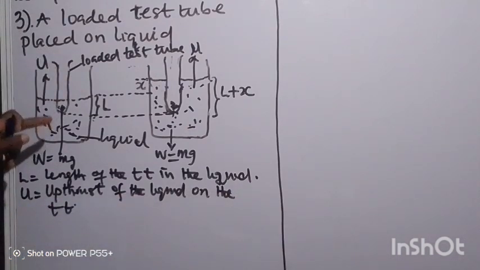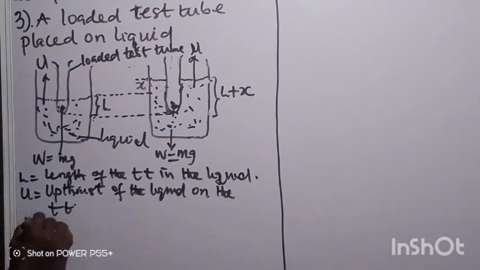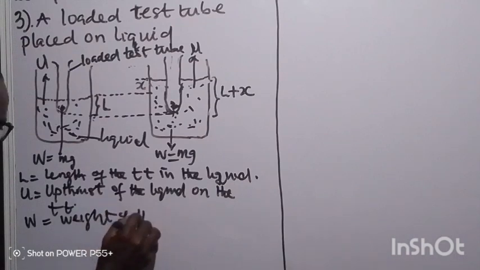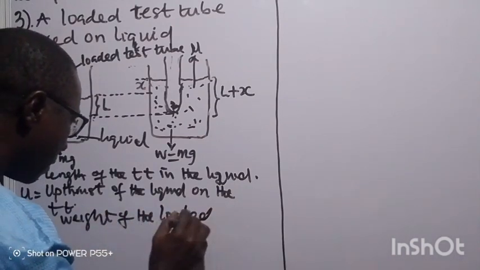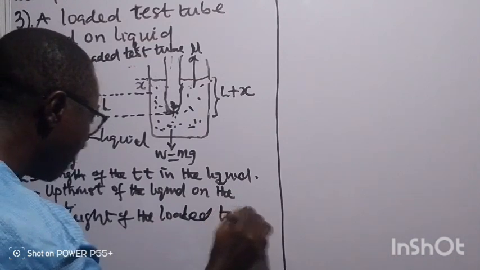Then the weight of the test tube will act downward, where W is equal to the weight of the loaded test tube.